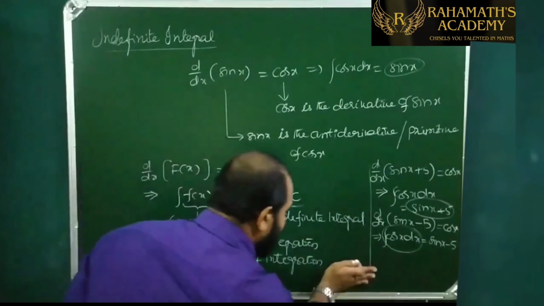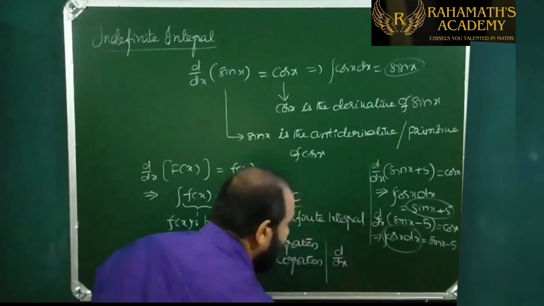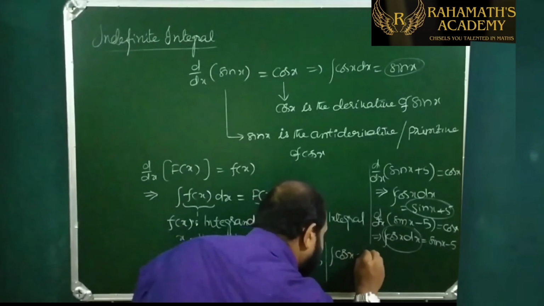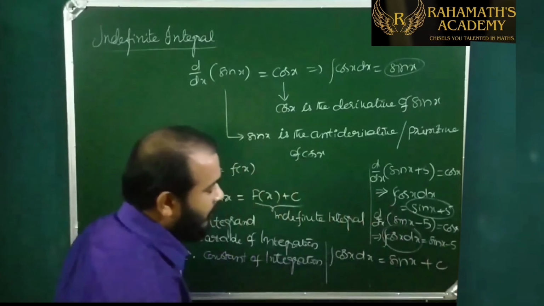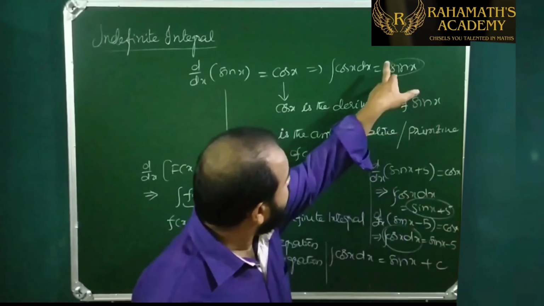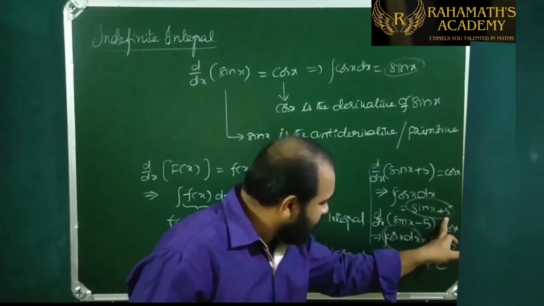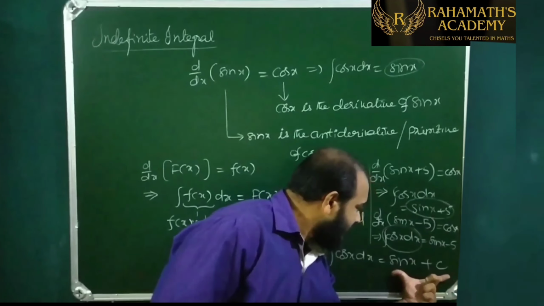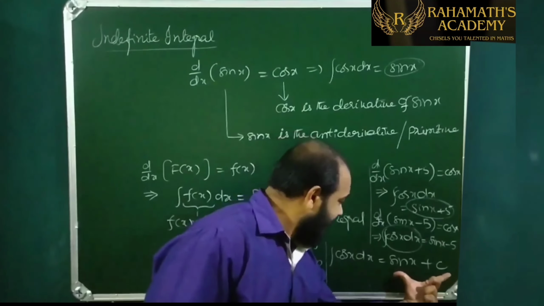Therefore, can we reach the conclusion that integral cos x dx is equal to sin x plus c, because here c is 0, here c is 5, here c is equal to minus 5. Therefore, if we generalize, this sin x plus c is called the indefinite integral.